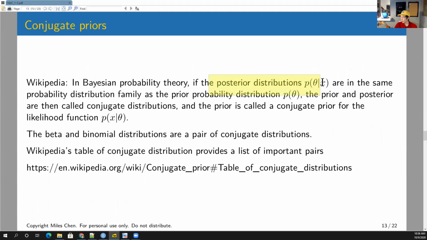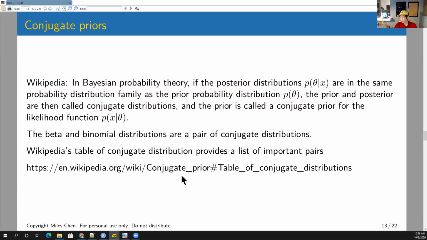If the posterior distribution, that is the probability function for theta given x, ends up being in the same probability distribution family as the prior distribution, p of theta, then we say the prior and posterior are conjugate distributions, and that prior is the conjugate prior for the likelihood function. When we have binomial data, it combines very nicely with that beta prior distribution so that the posterior distribution ends up being a beta distribution, okay?